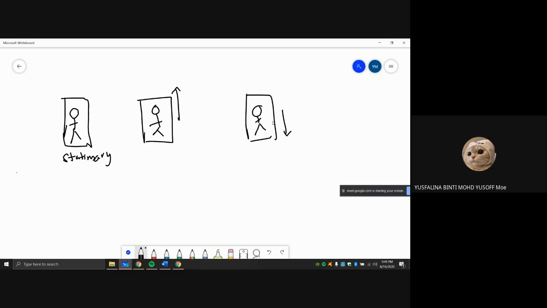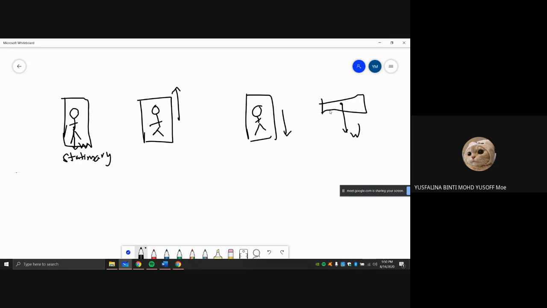So if stationary, there are two forces acting on this person. The first one is the weight. If you want to label the weight, it must be from the center of the object. So I label it here as W. Let's say this is the object, so it must be at the center.